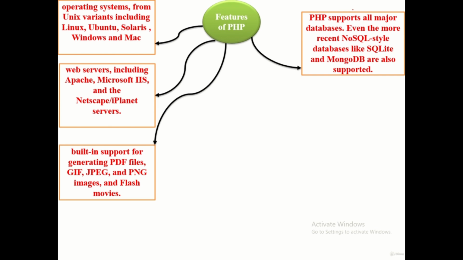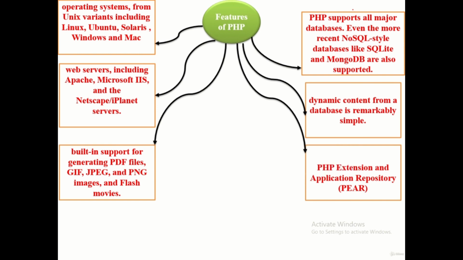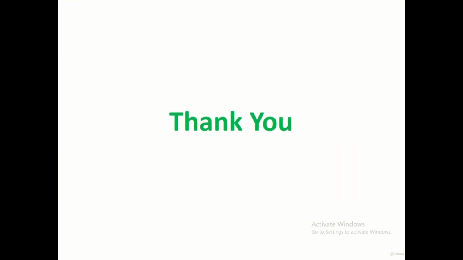Fourth, PHP supports all major databases, and even more recent NoSQL-style databases like SQLite and MongoDB are also supported. Next, dynamic content from the database is remarkably simple, and it supports PEAR. PEAR is nothing but the PHP Extension and Application Repository. Thank you.